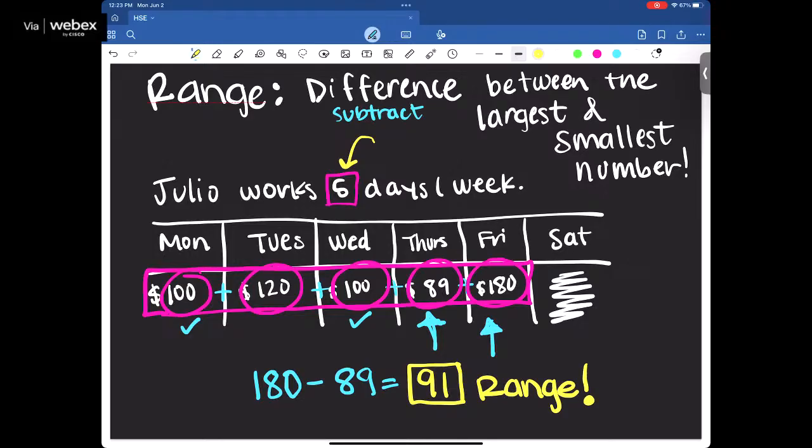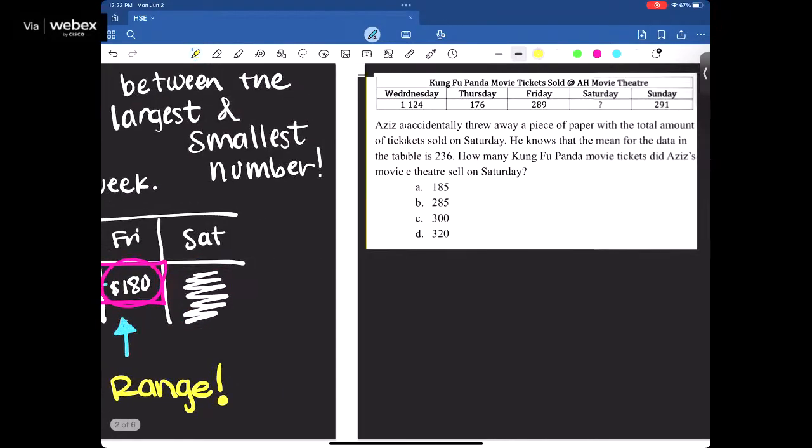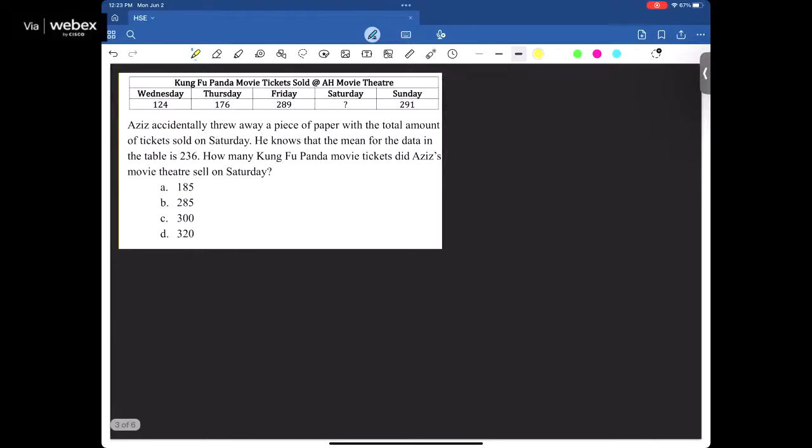If you need to pause to review this again, please do so now, because we're about to take it to the next level. Now that we understand how to find the mean, median, mode, and range, let's take a look at how it may appear on an exam.